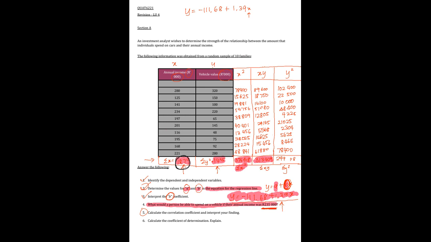So you're going to say y is equal to, and again, because it is in hundreds of thousands, I'm going to include the zeros here. So it'll be 111,680 plus, and then use your brackets here, 1.39 in place of the x. I'm going to put in the 235,000.